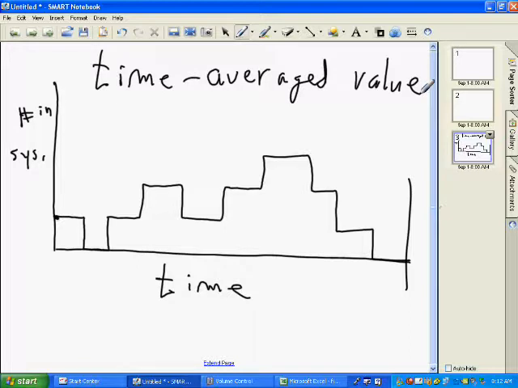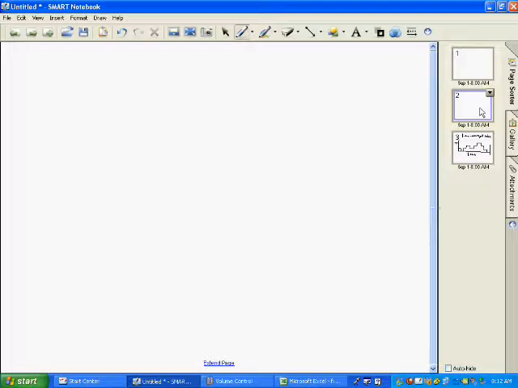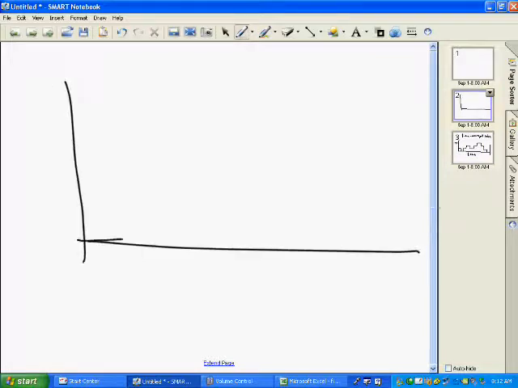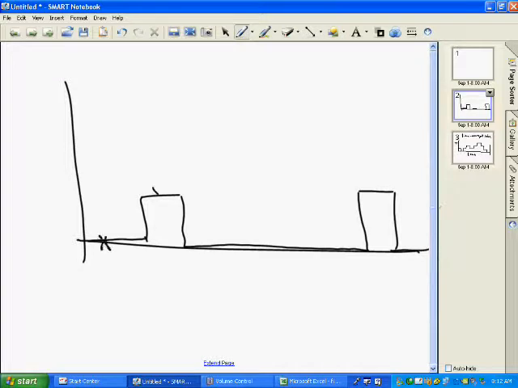Another type of average that is very common in a simulation is a time average value. The reason for a time average value, let's say the number in the system. Let's say the number looked like this. Let me make another plot. If you just looked at the data samples, first you have 0, then you have 1, then you have 0, then you have 1.